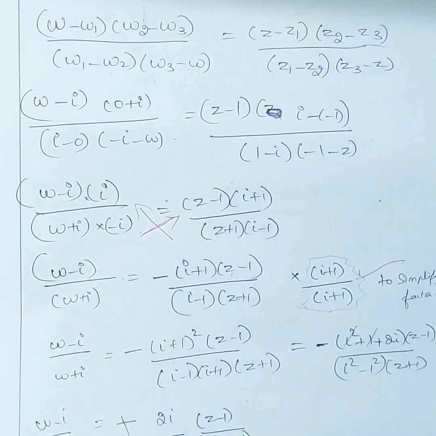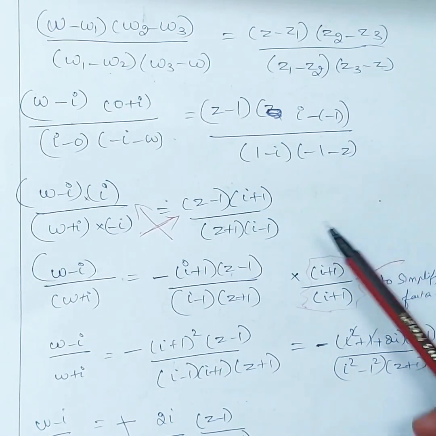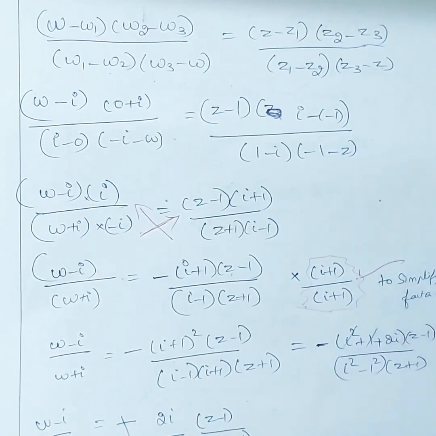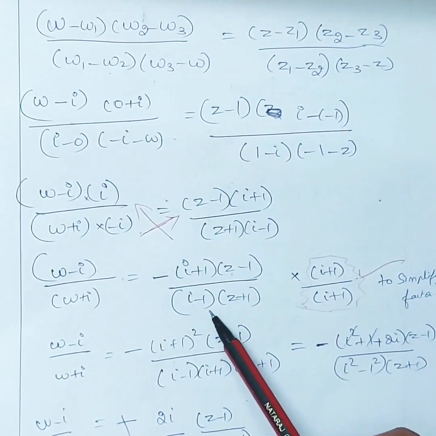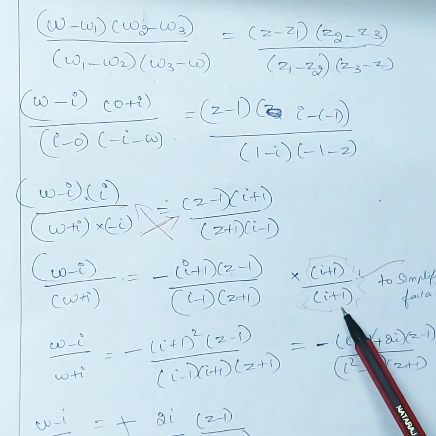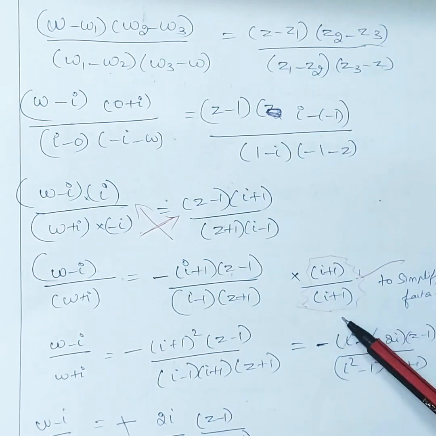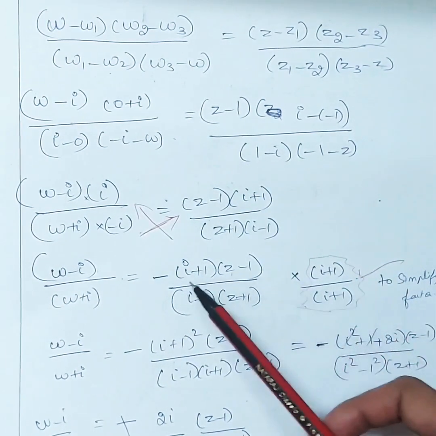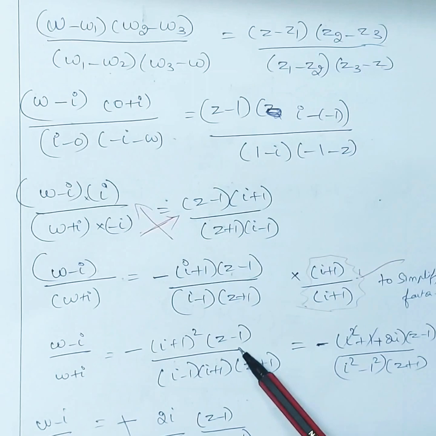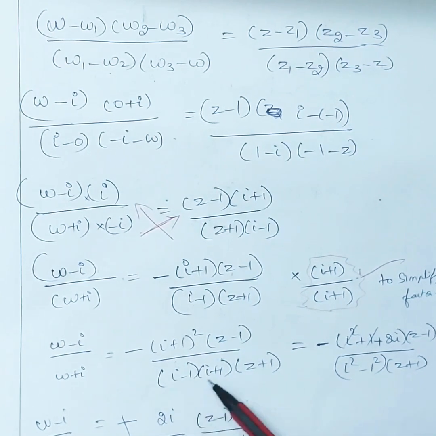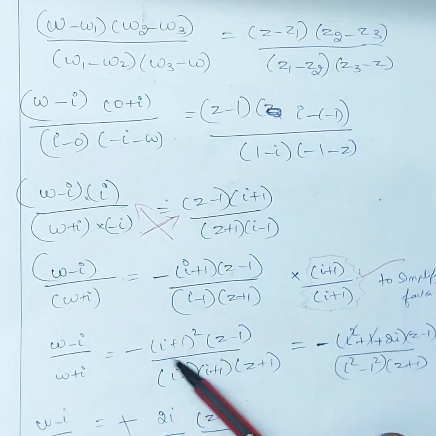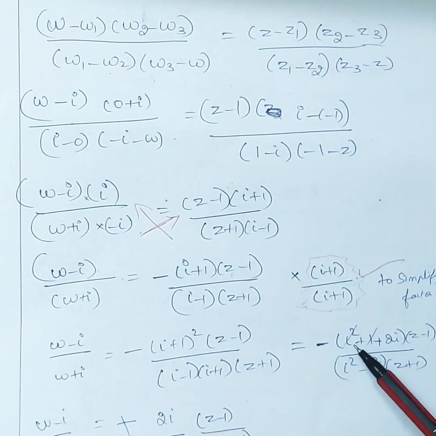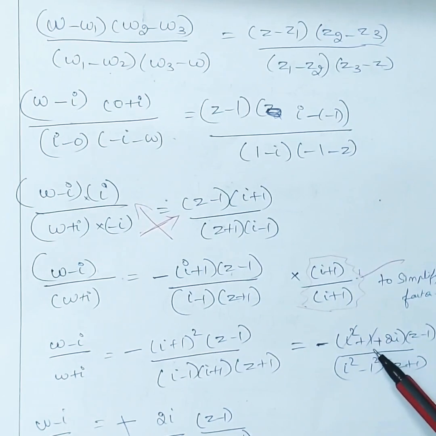If you feel that too many terms are there, then you can use this trick also: multiply and divide by the complex conjugate. For example, i minus 1 is there, so multiply and divide by i plus 1. If I multiply and divide by i plus 1, this term will become (i plus 1) whole square into Z minus 1, divided by (i minus 1)(i plus 1) into Z plus 1. So this is (a plus b) whole square: i square plus 1. i square value is minus 1, so these will get cancelled.